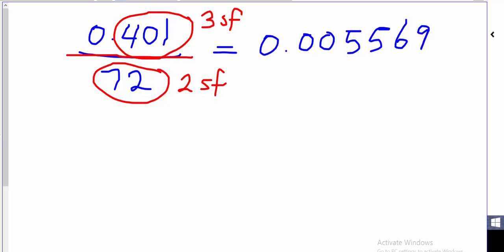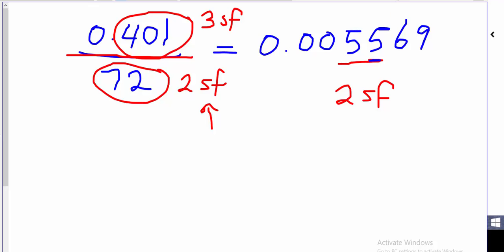I have 2 sig figs on the bottom, which means that I'm only allowed to have 2 significant figures in my answer. I must round my answer to have the least number of sig figs from my data, and so 2 is the answer. So here I have to round my answer right here to the second 5.